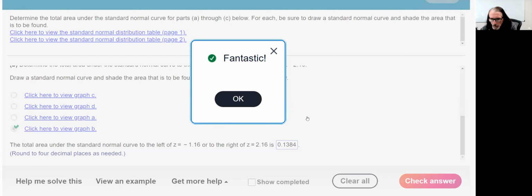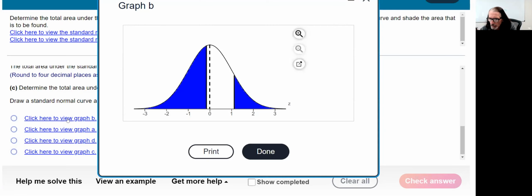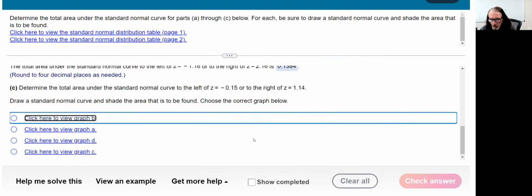All right. And hopefully this is the second to the last. To the left of negative 0.015 or to the right of positive 1.14. Looks like that's the one we're looking for. Okay.